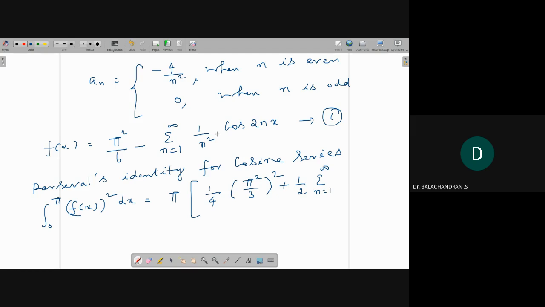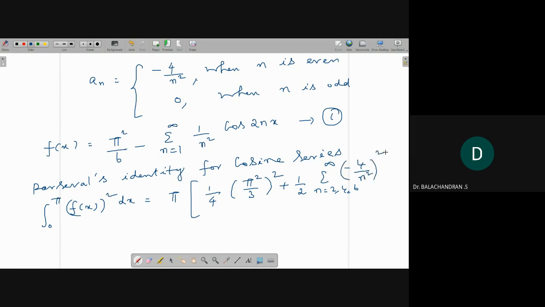Instead of writing directly, because when n is even, n equal to 2, 4, 6 up to infinity, we have a n is minus 4 by n square, whole square.